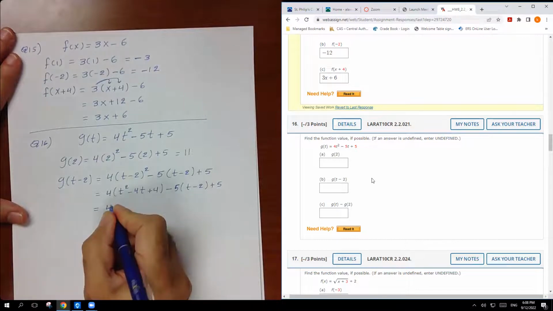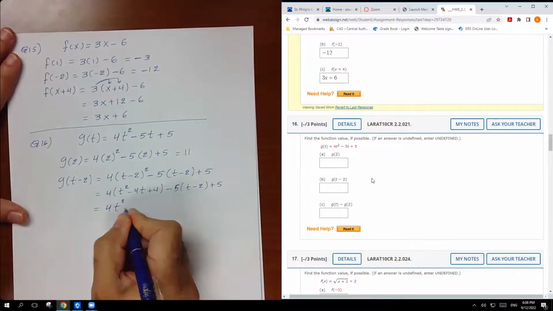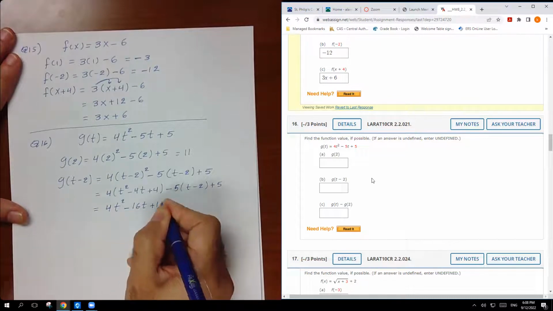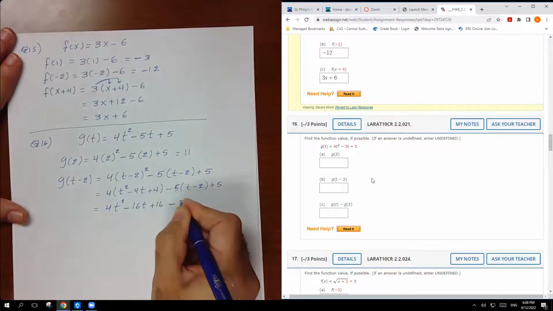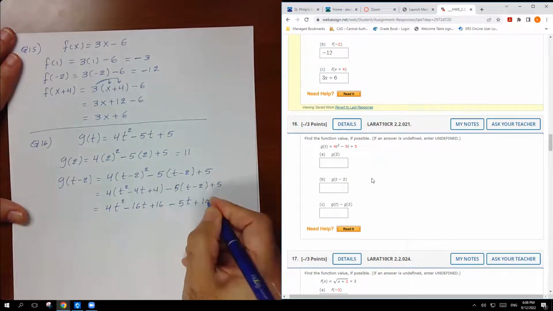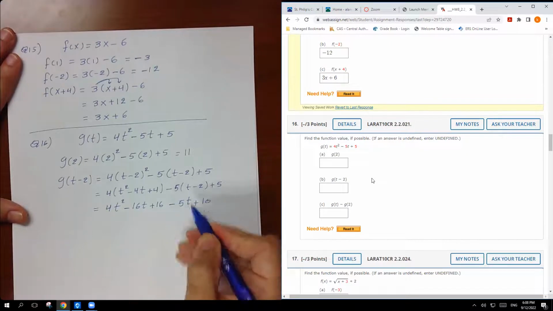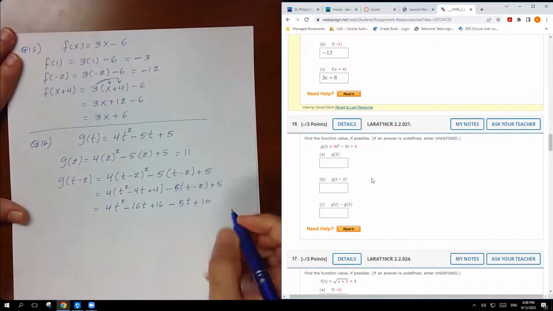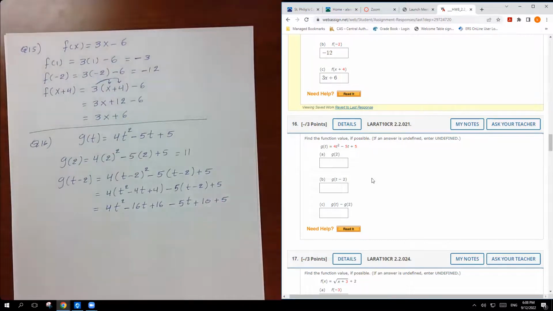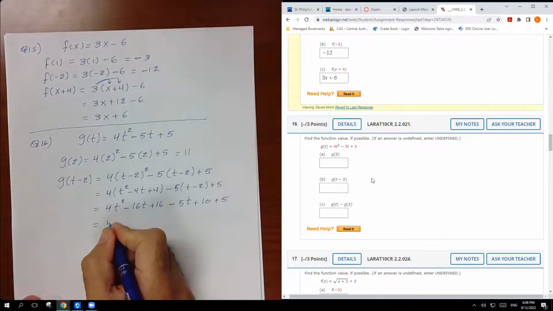So it's going to be 4t squared minus 16t plus 16 minus 5t plus 10, because negative 5 times t is negative 5t, and negative 5 times negative 2 is going to be positive 10, plus 5. So now, the next step, you just have to combine the like terms. 4t squared is going to be by itself.